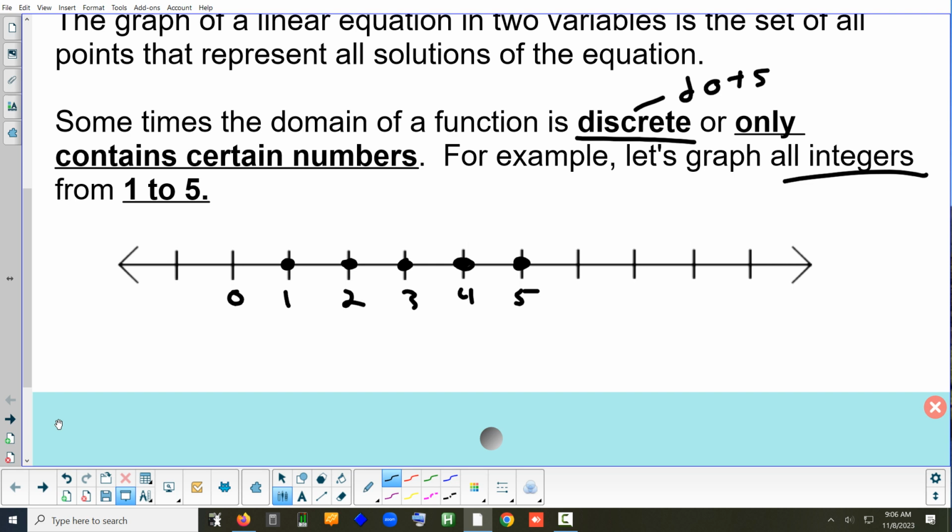Okay, so a lot of different things that are discrete. How about like the price of something at a store? Could the price be any single number that exists in math? So you could have a price that's like $1.267. No, because price stops. Price can only go to the second decimal place.